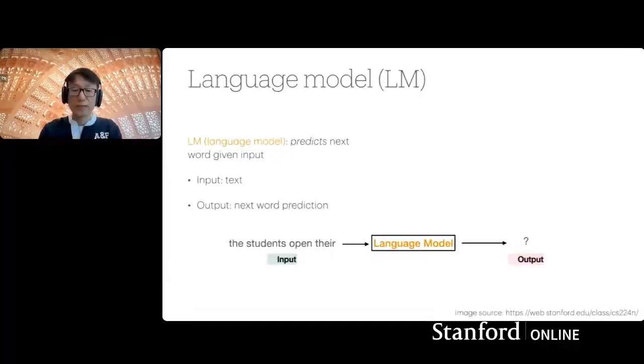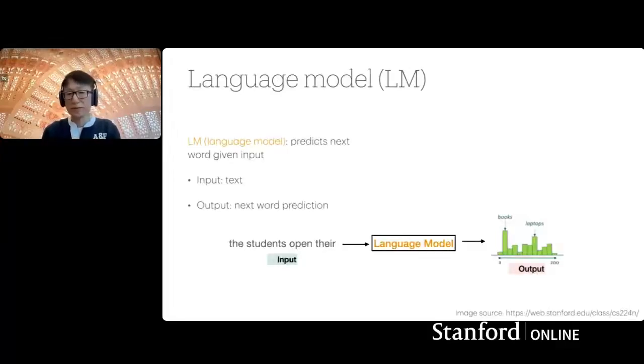If the language model is trained with a large corpus, it generates the probability of the next coming word. In this example, as you can see, books and laptops have a higher probability than other words in the vocabulary. So the completion of this whole sentence could be "the students open their books."